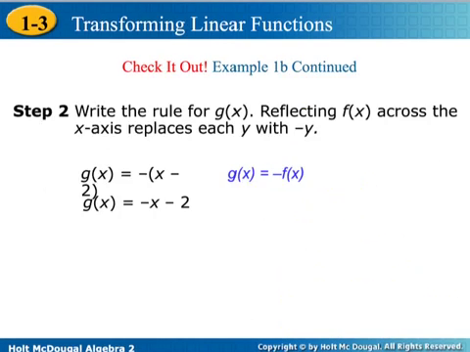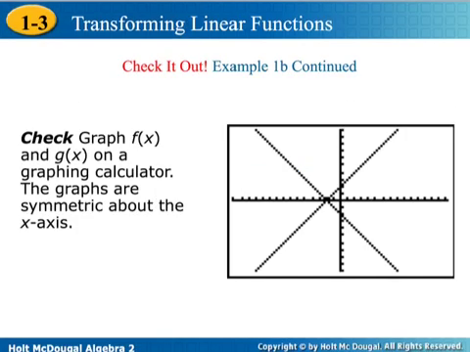Now that we know that, we're going to need negative f of x, and so we put in the negative f of x, and then we multiply the negative 1 by the entire function. They have a little typo here. This should be a plus, and then when it distributes it becomes negative x minus 2, just like I had before. Okay? And there's your two new functions.